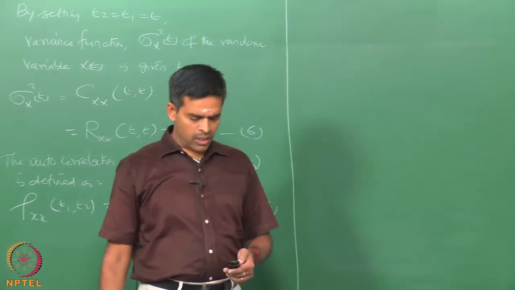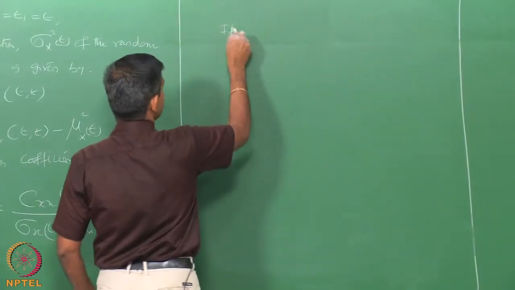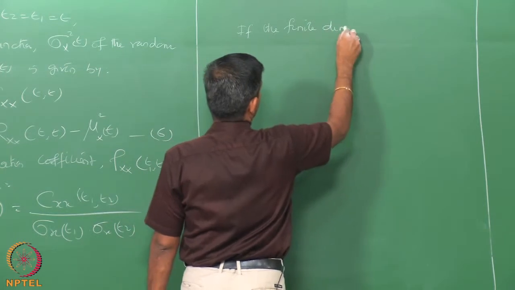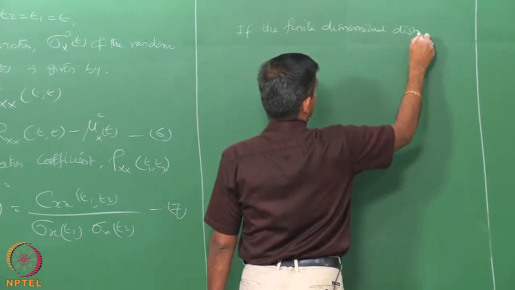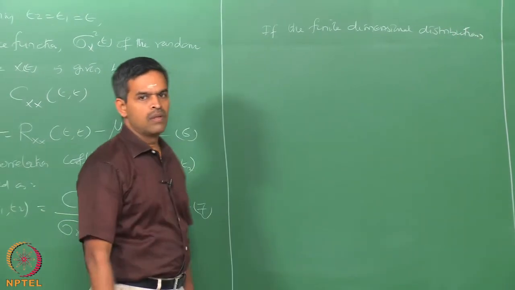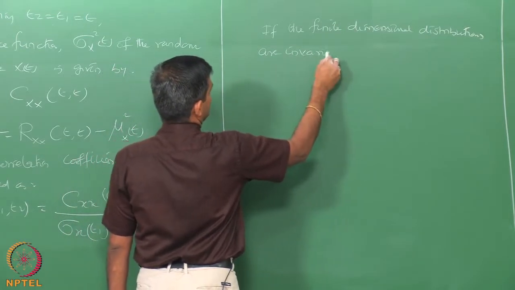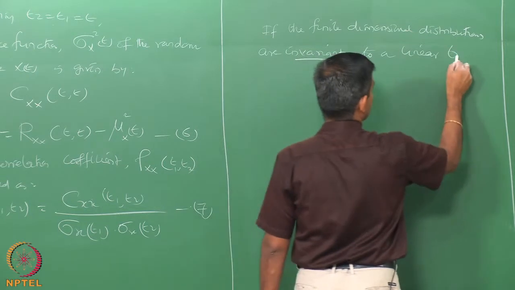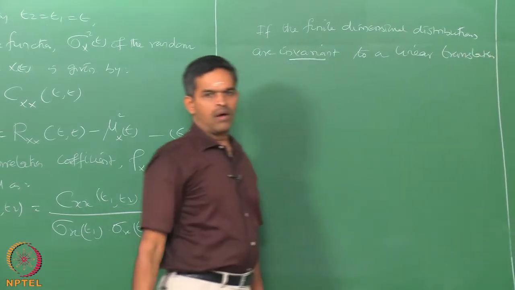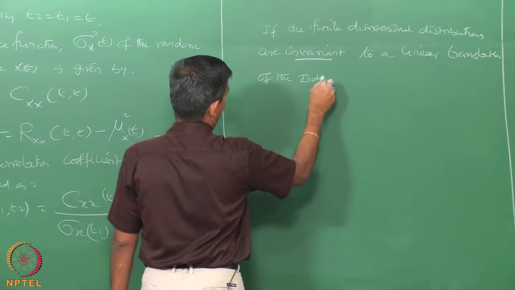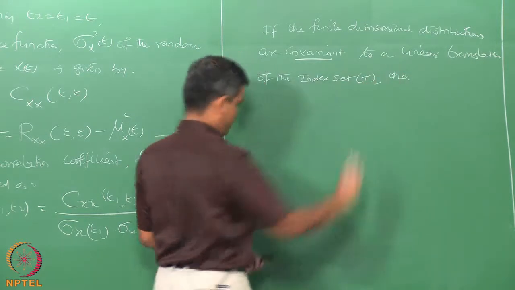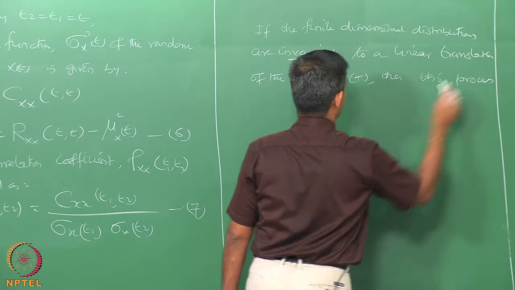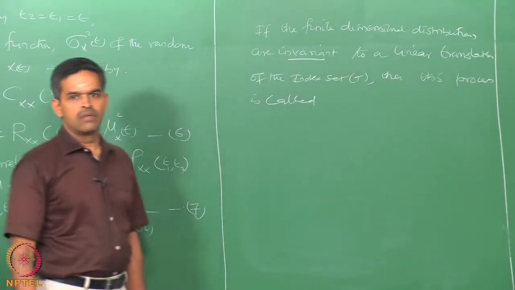So, if the finite dimensional distributions are invariant to a linear translation of the index set T, then this process is called strictly homogeneous.